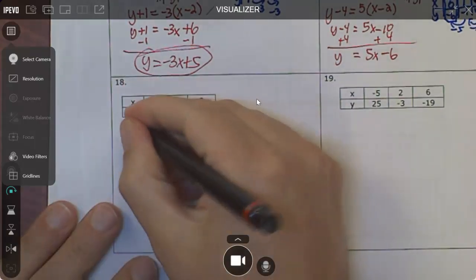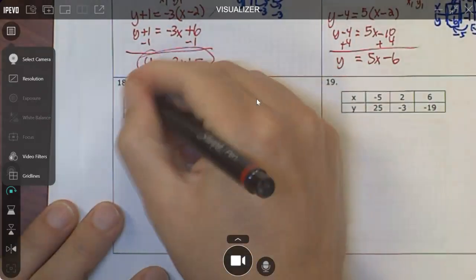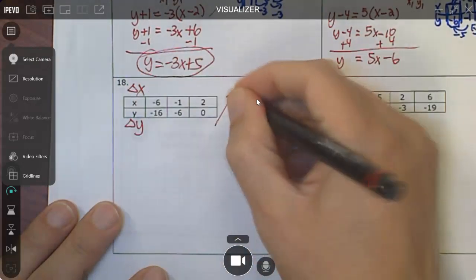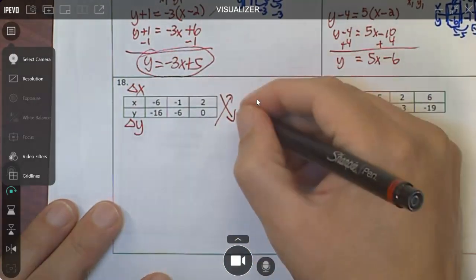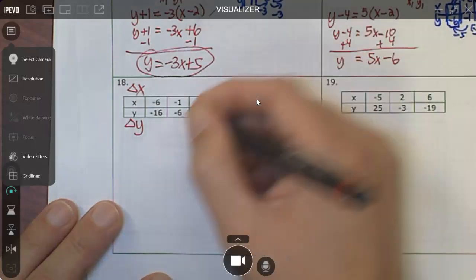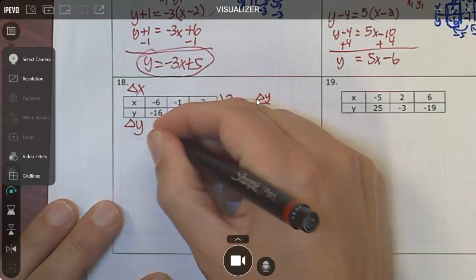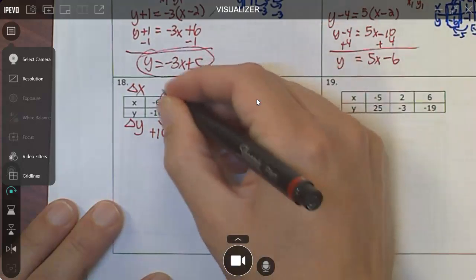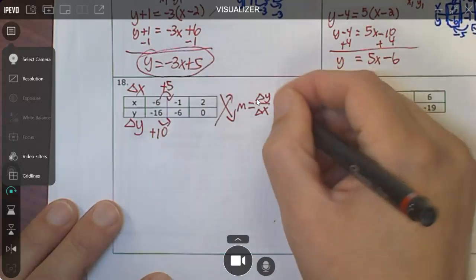Okay, change in Y, change in X. Remember to flip it like that. So M is, okay, you're getting 10 closer to 0. You're getting 5 closer to 0.